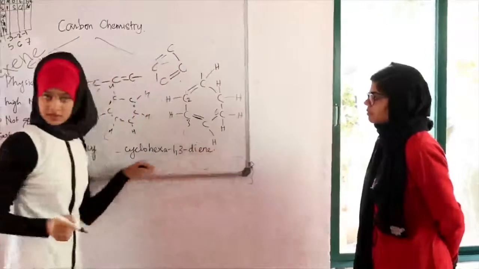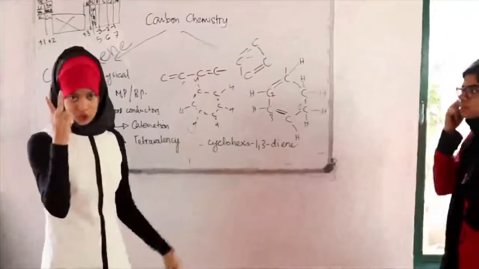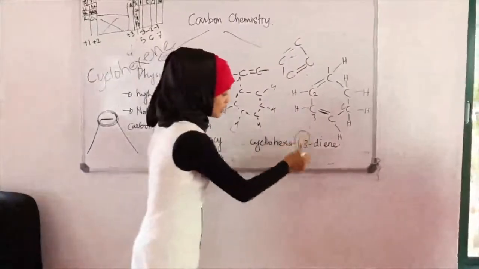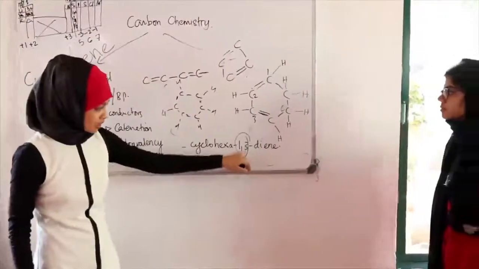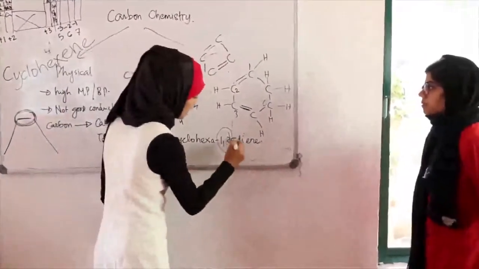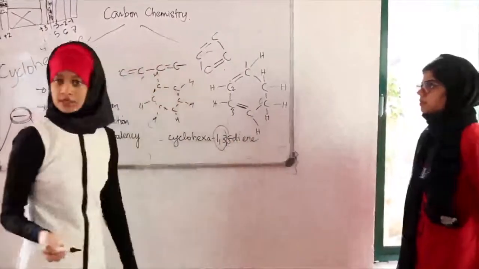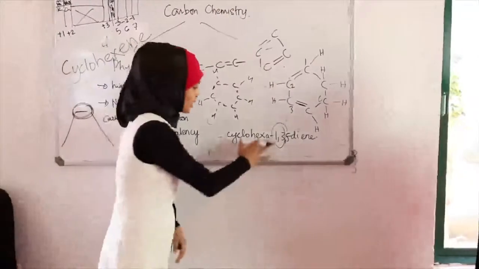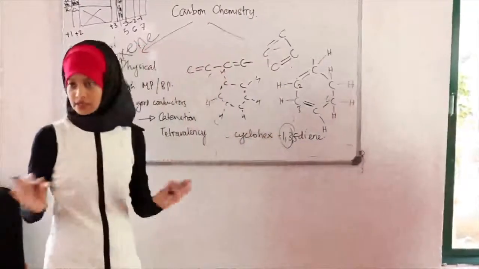This is how I would name this. Di means 2, so you have 2 enes, and these numbers show at which carbons the double bonds are. So clearly this is the alternate double bond. Here you say hexa, that's just a way of saying it. Even if I said hex-1,3-diene, it's still correct.